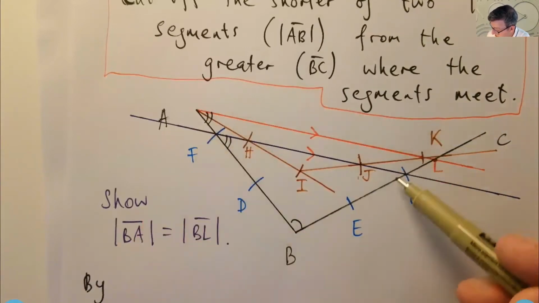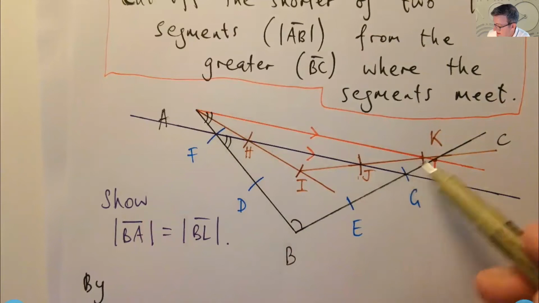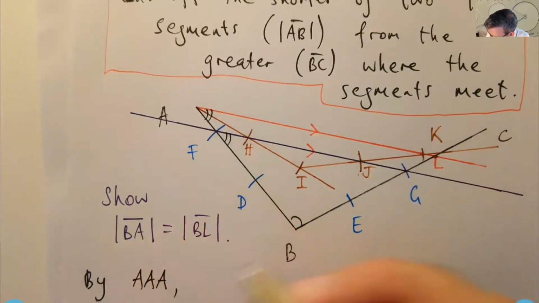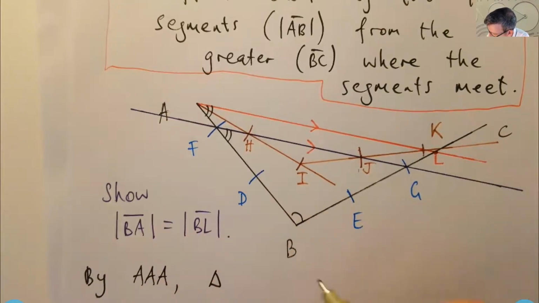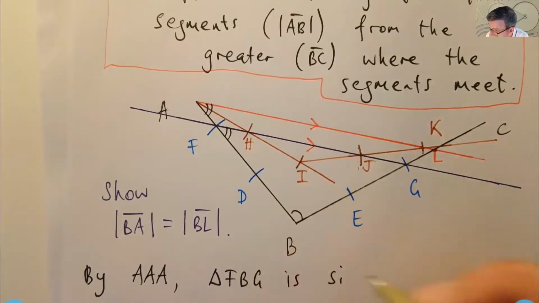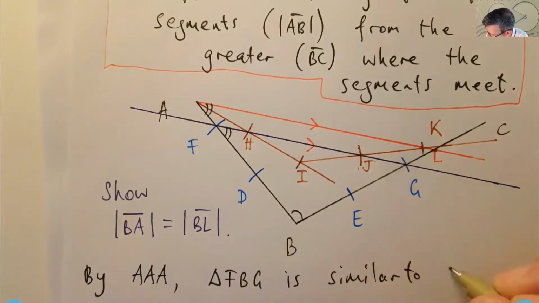That means the third corresponding pair of angles are equal. So by angle, angle, angle, triangle FBG is similar to triangle ABL.